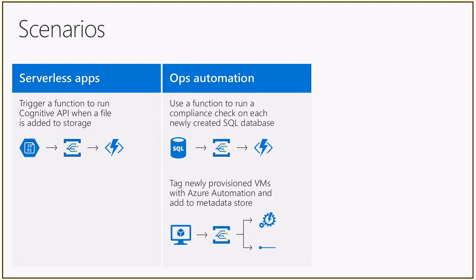The second set of scenarios could be ops automation. So in operations, for example, a new SQL database is created in Azure, and we might want to run a compliance check on that SQL database: what kind of firewall rules or what IPs are allowed, how exactly the SQL database has been created, and what's the configuration. We want to run that compliance check script or function logic on top of that event.